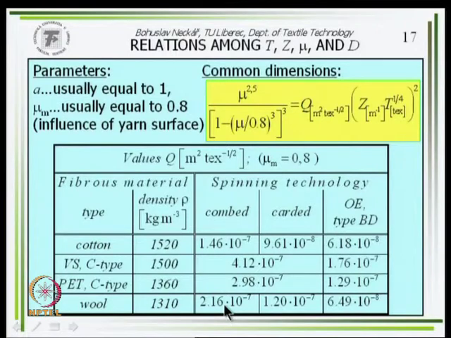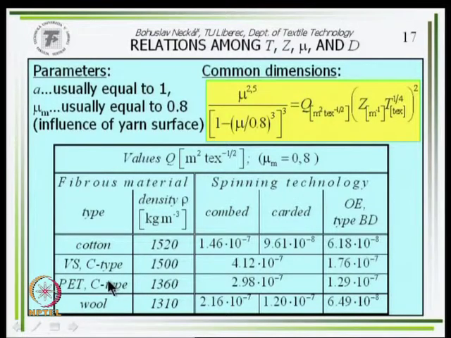Often I say the values for wool yarn are a little rough because we had not too much experimental material. Well, you can see, for example, for cotton combed yarn, 1.46 times 10 to the power minus 7. For carded, 9.61 times 10 to the power minus 8, and so on. Combed and carded yarn have different values because they have a different structure.